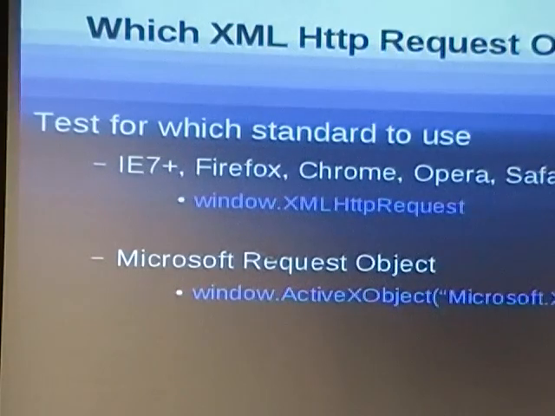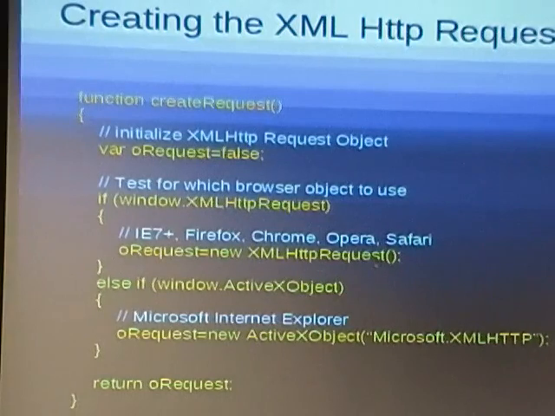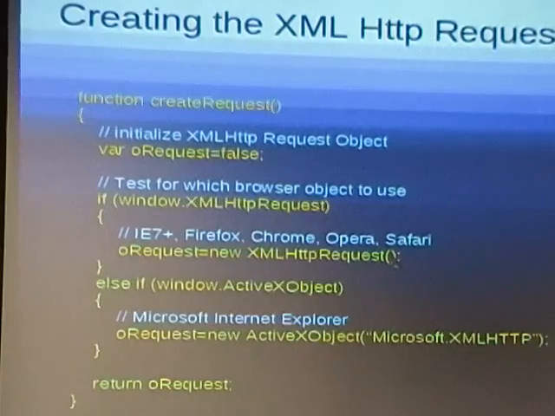So what you do is you try to figure out what type of browser you're in. In my function here, createRequest, first I initialize the request, then I analyze: does it have an HTTP request object in the window DOM? If it does, then I create the request using the HTTP request object, which is pretty much the standard way that most browsers do it.